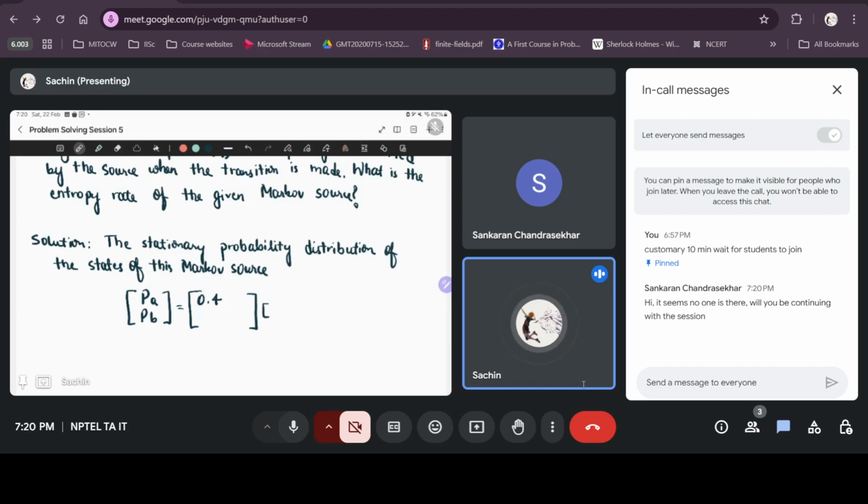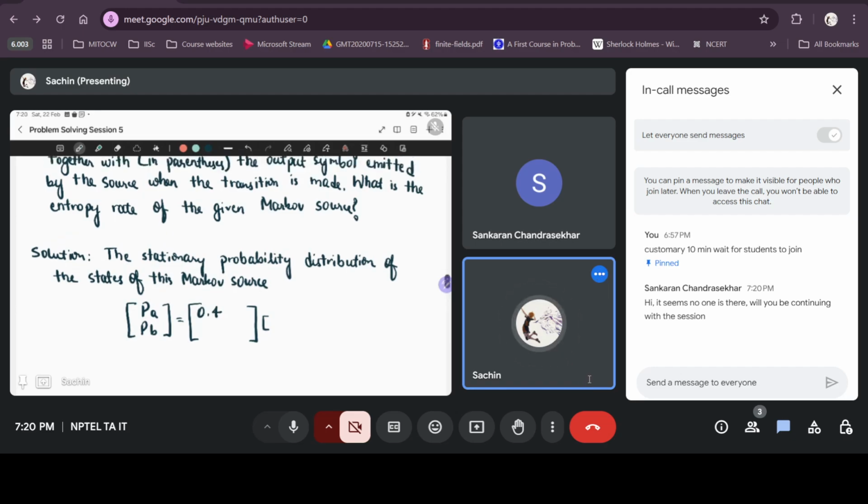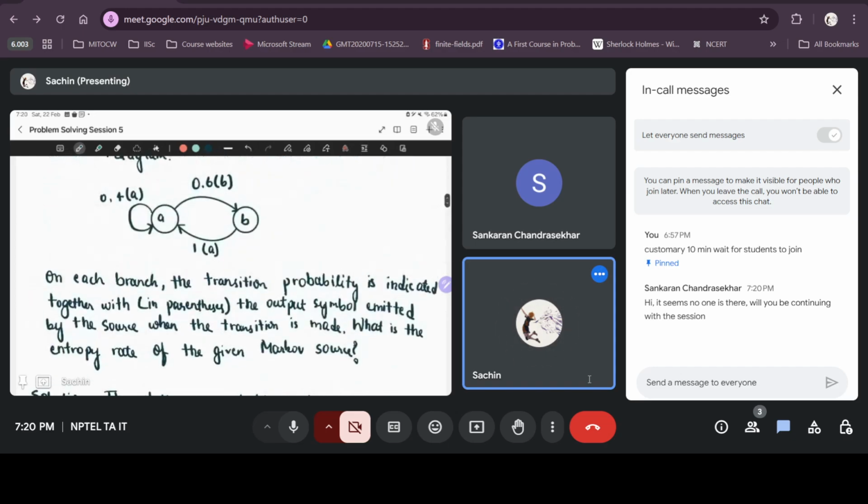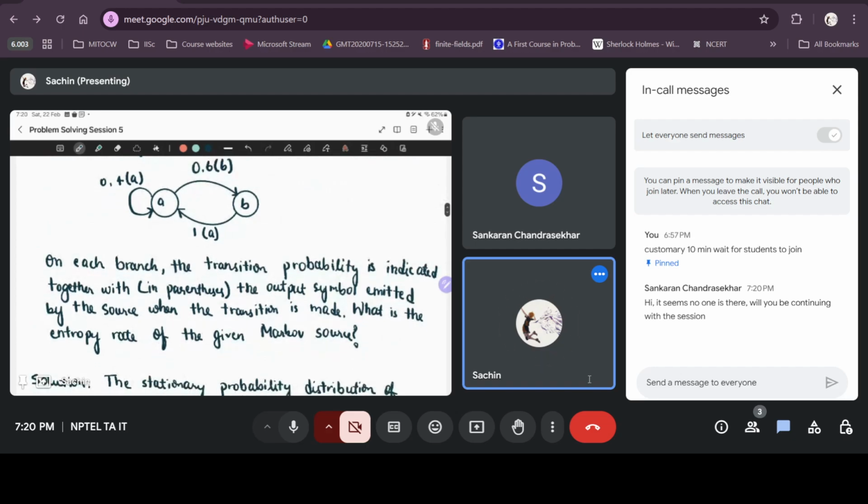Since this is a Markov process, the state transition matrix is as follows.